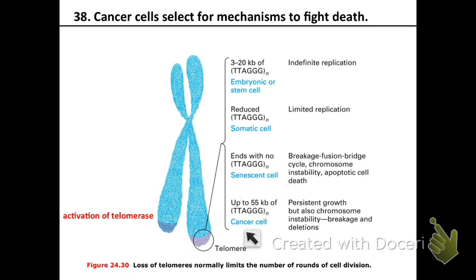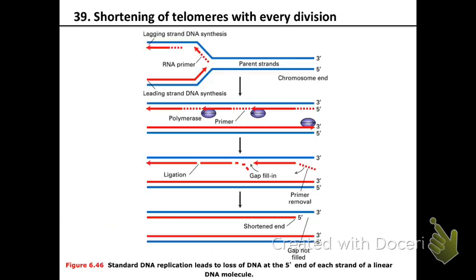The cancer cells, somehow they turned on their telomerase and they can make thousands of copies of these repeats again, having a very nice telomere that is capable of supporting indefinite replication again, right? And why does that happen? You've learned DNA replication, and you've learned how the lagging strand is synthesized.